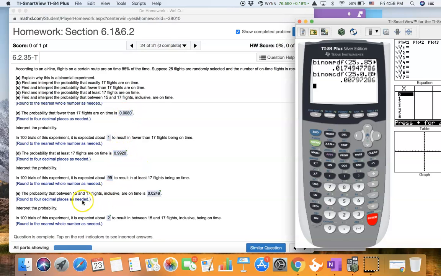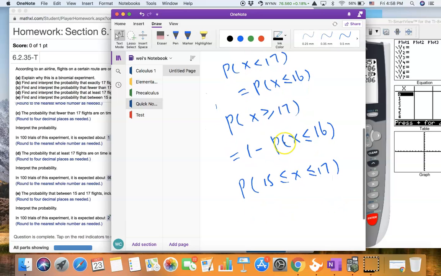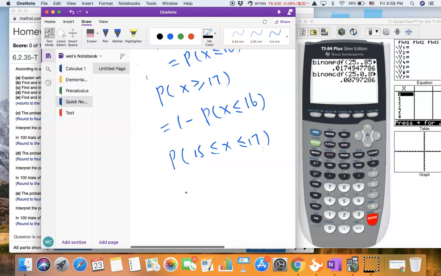Okay. Now, the last one is to compute the probability that x is between 15 and 17, where 15 and 17 are included. Well, we also do not have a function like this in the calculator. So to compute this probability, we can first compute the probability that x is less than or equal to 17. This includes the probability that x equals 0, 1, 2, all the way to 17, right?